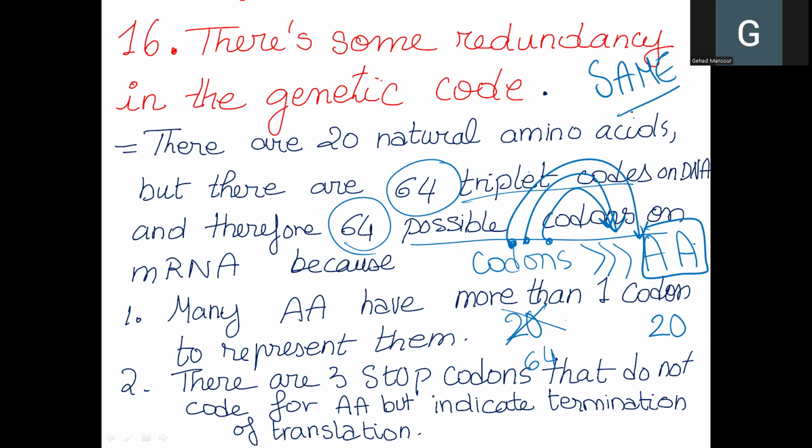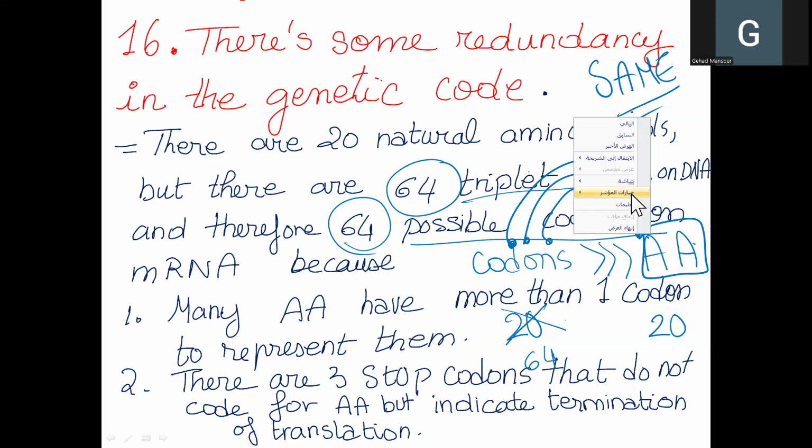And this is what we call redundancy of the genetic code. This means simply that the genetic code is larger, looser, just like when you are wearing an oversized t-shirt. So the genetic code is oversized just because many amino acids have more than one codon.